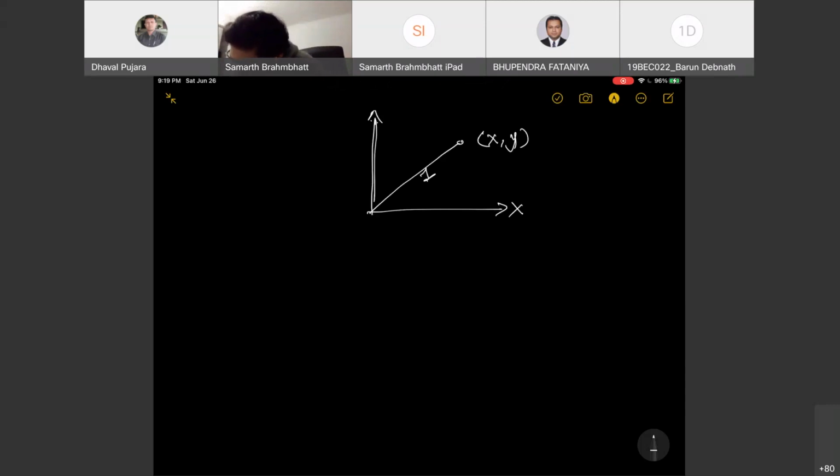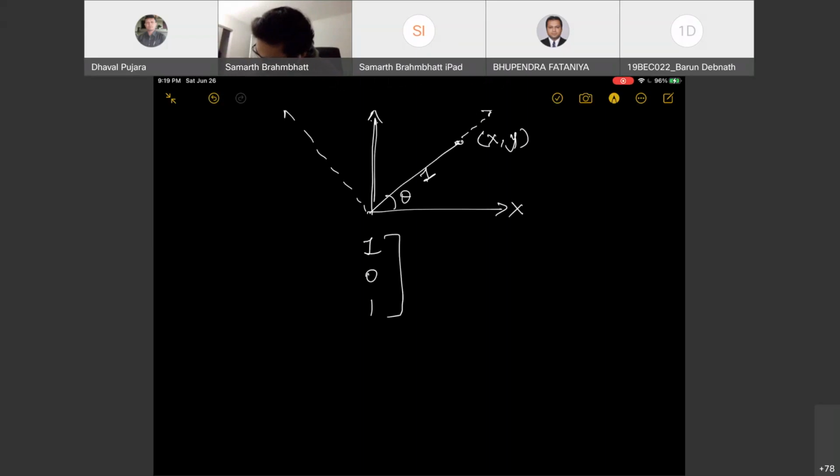If you have another coordinate system like this, with another x-axis and y-axis, and this angle here is theta, then in this dashed coordinate system this point is just 1, 0, 1.